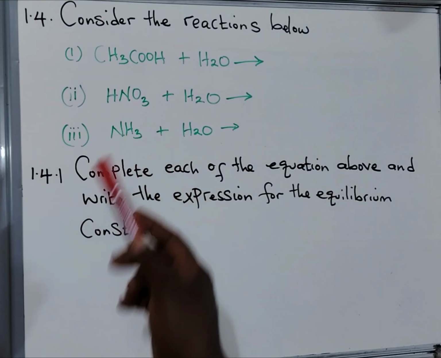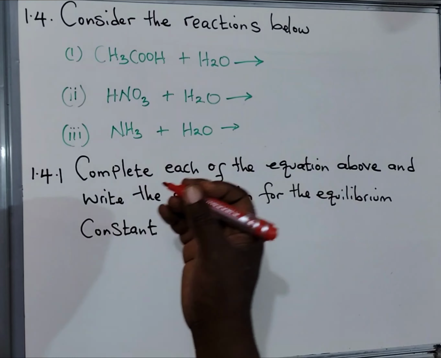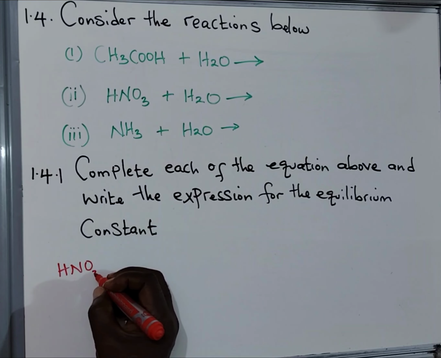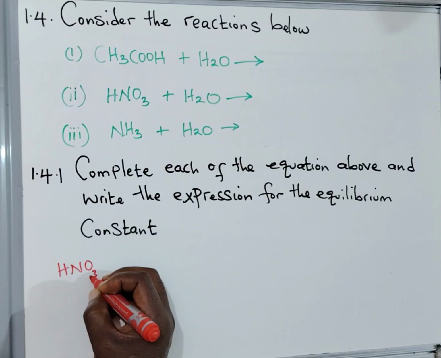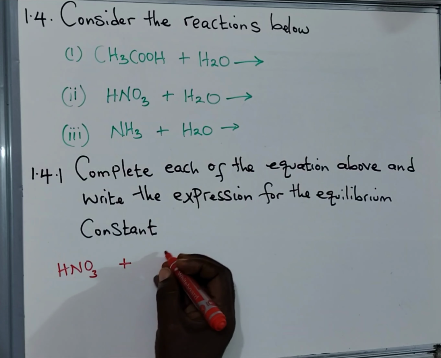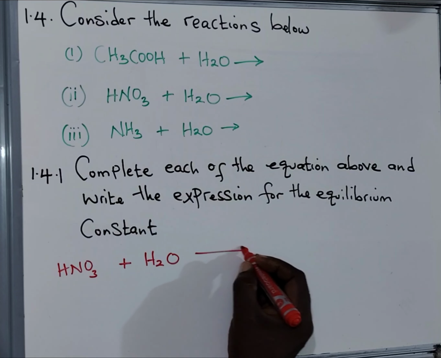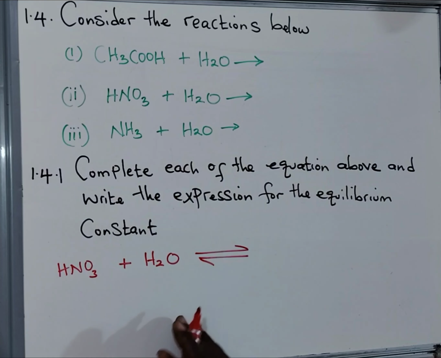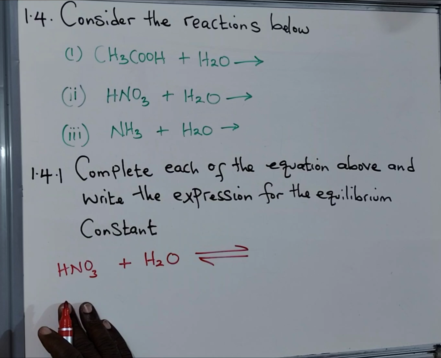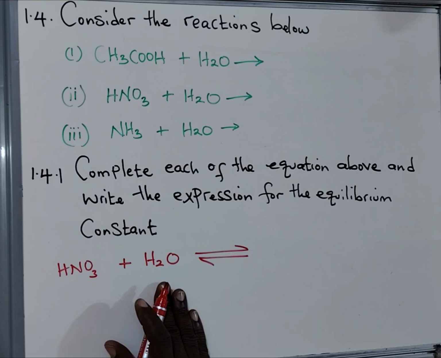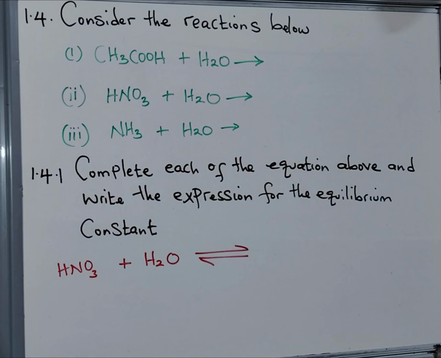So comes this equation. It's between HNO3, which we call nitric acid, plus water. What do we get as the products? You need to know that it is nitric acid which is the acid, and when it's an acid, this is the base. And like I always tell you, we use Bronsted-Lowry here.